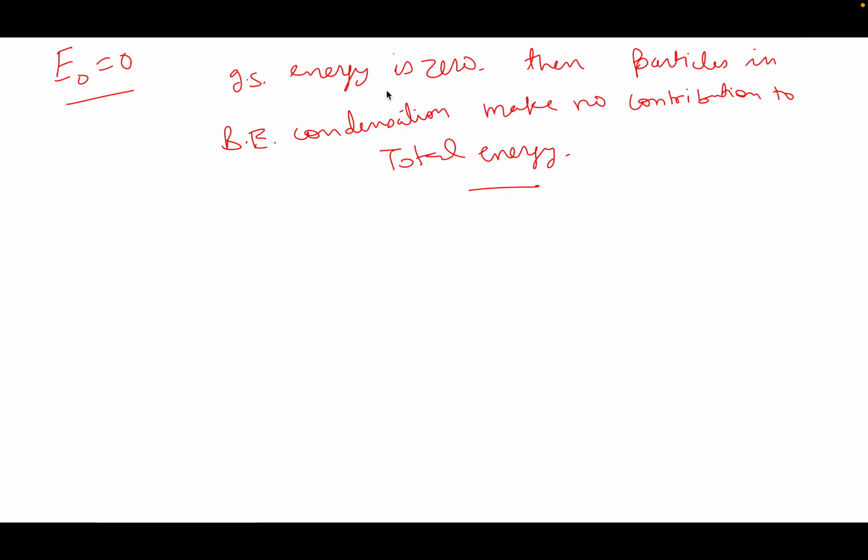So if we take the ground state energy as zero point energy equal to 0, then the contribution from the Bose-Einstein condensation particles is 0, and the total energy that we are getting is only because of the excited state particles.